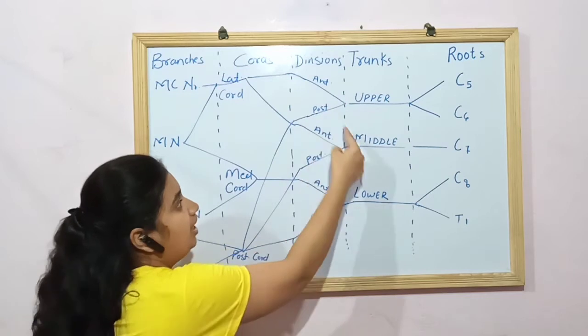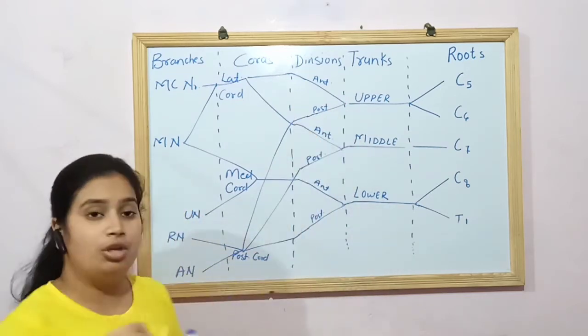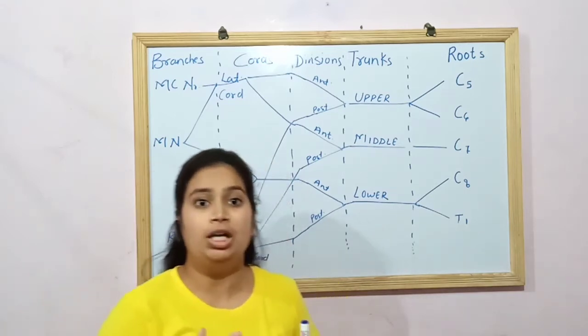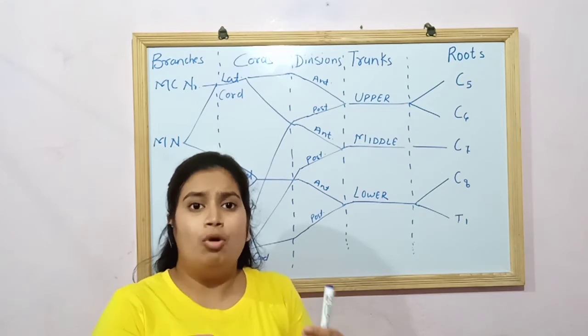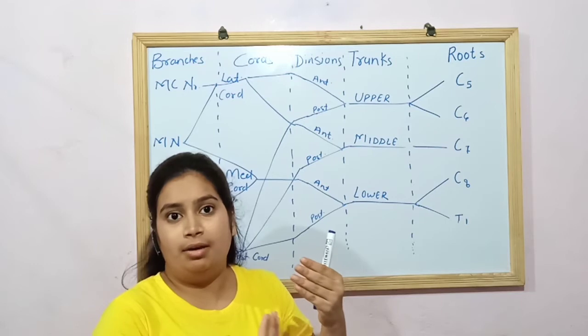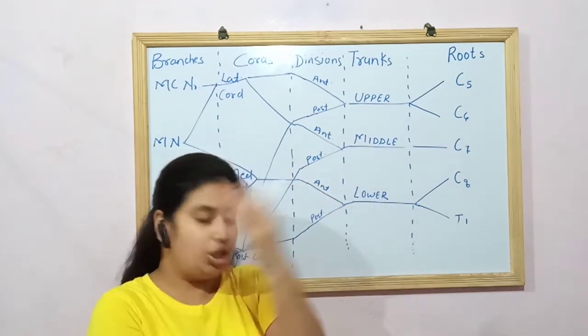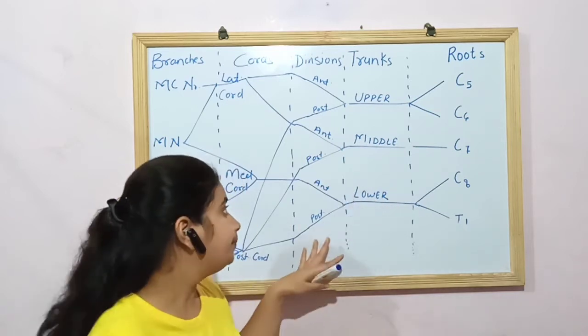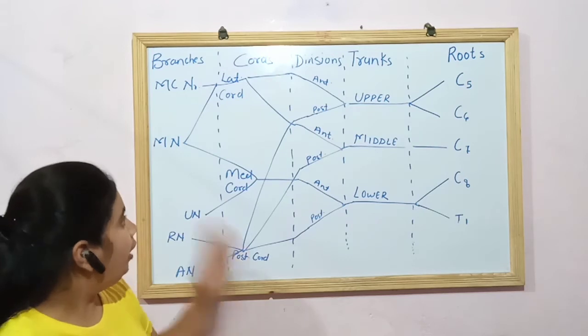And each posterior division provides motor nerves to the dorsal part or the extensor part. Basically, it means muscles in front of the bone are handled by the anterior divisions, and muscles posterior to the bone are handled by your posterior divisions. Now moving on.